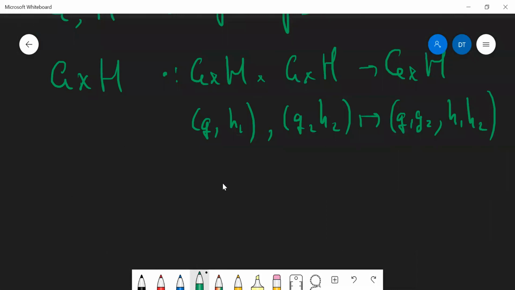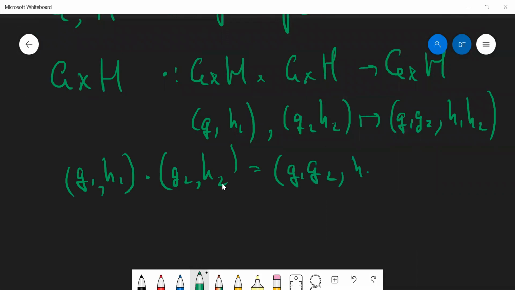So let me write it down here. G1, H1 times G2, H2, but here must be a comma, is equal to G1 G2, comma, H1 H2. So you just apply the operation coordinate-wise.